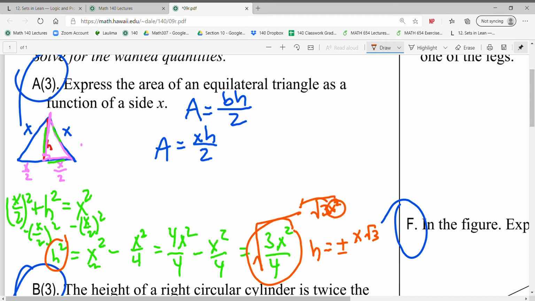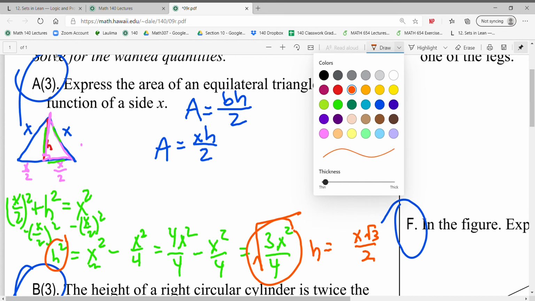Taken out, this is just x, because the square root of x squared is x, and then we have that square root 3 left over. And then divided by the square root of 4, which is 2. But we don't have to worry about the negative because h is a height, which means it's a length, and lengths are always positive. So now I know h is equal to x times the square root of 3 divided by 2.